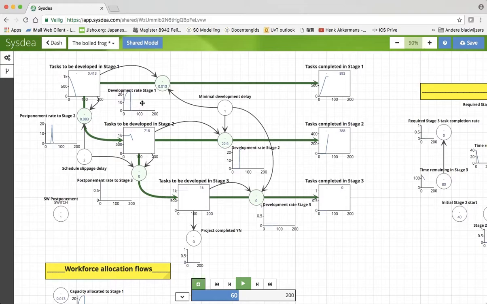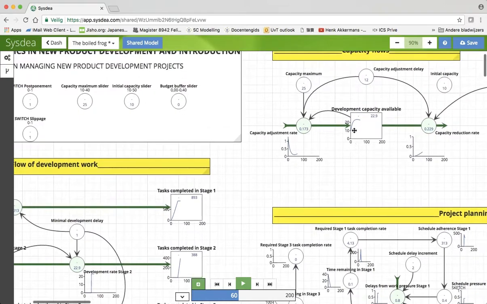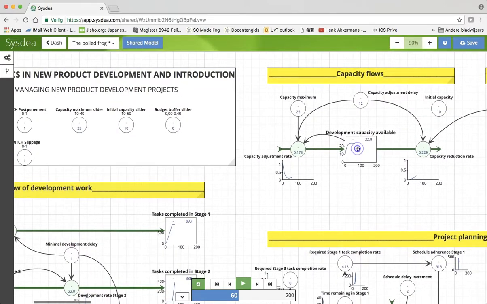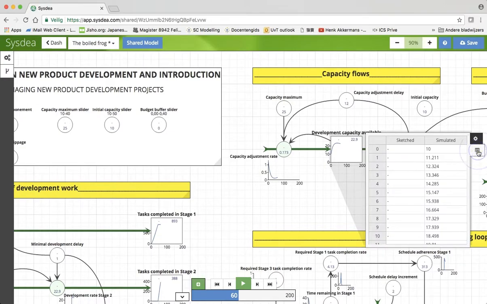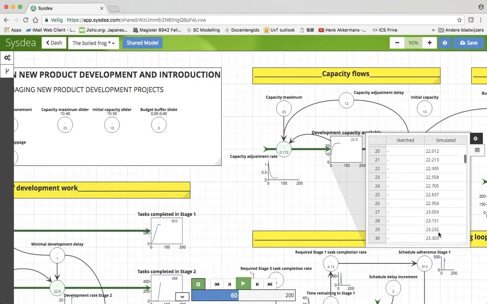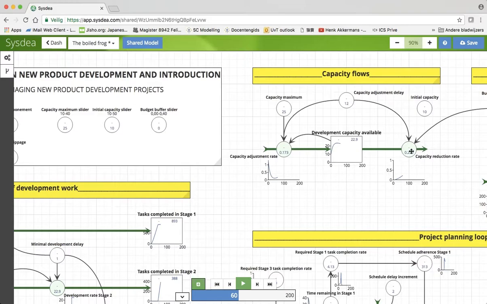Now, why isn't everything done after 40 weeks? There we have to look towards capacity. All the capacity available is dedicated at first to this first stage. In 40 weeks, the 1,000 tasks should be 25. Well, it isn't 25, not at all. You see that, in fact, we never reach 25 time units. So the desired capacity is never reached.